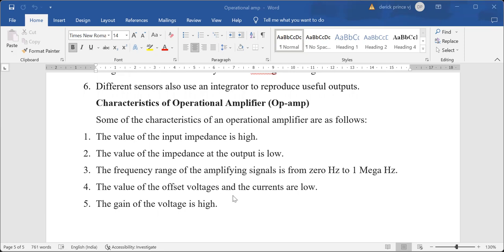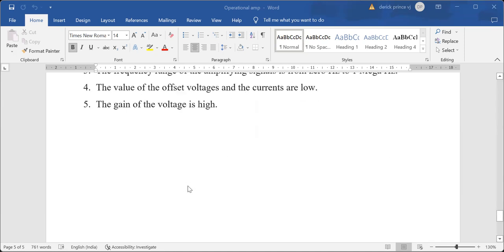The output voltage and current are low. It is a high gain amplifier; as I have already said, the output is 100 times higher than the input, so the voltage gain is very high. These are the important technical points for the characteristics of operational amplifiers.